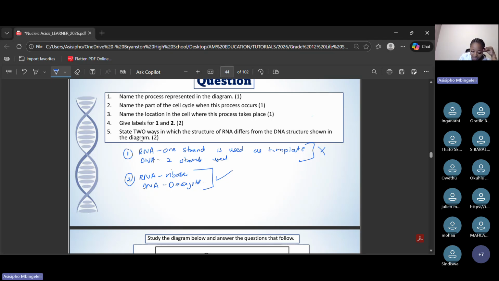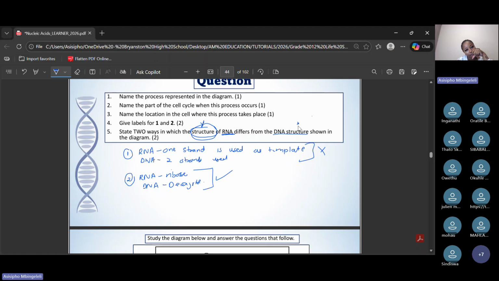So the question here, I want us to read and understand it. State 2 ways in which, and this is our keyword, the structure of RNA differs from the structure of DNA. We are focusing on the structure. Ma'am, can I give my answer?